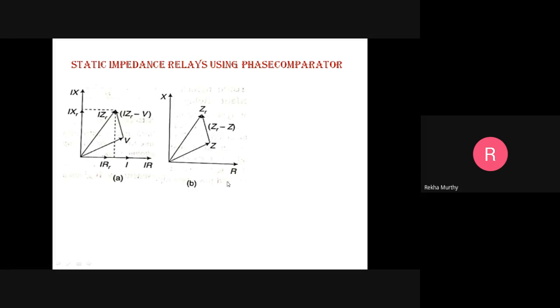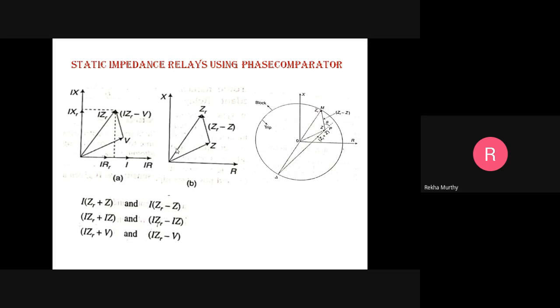It results in only the RX diagram. This is the RX diagram you will get. Now a circle with a radius of ZR is drawn. You can draw the circle with the radius of ZR that you can see here. Take this radius and draw a circle like this.